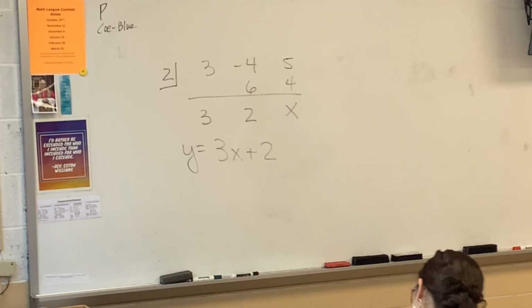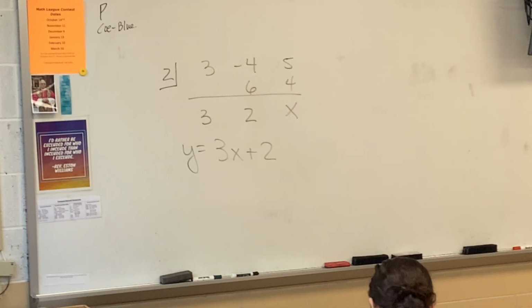So any limit is going to be 0. All right, how about the next one? X approaches 1 from the left. Positive infinity. As you come in from the left, isn't your pencil going up? Positive infinity.